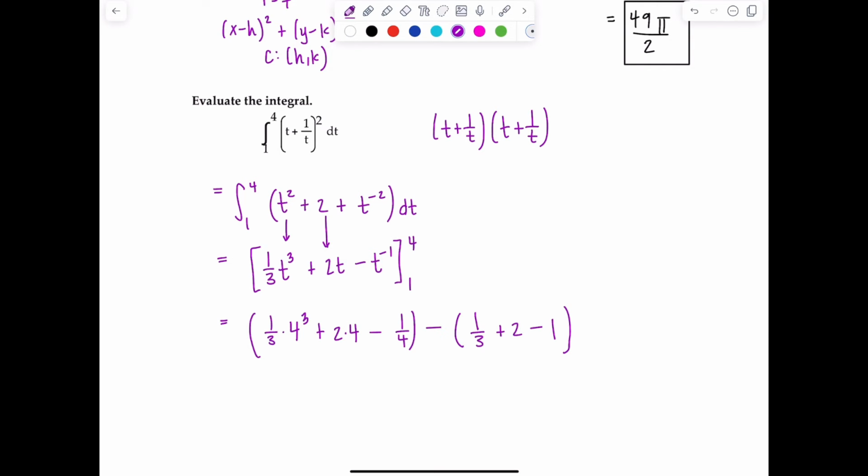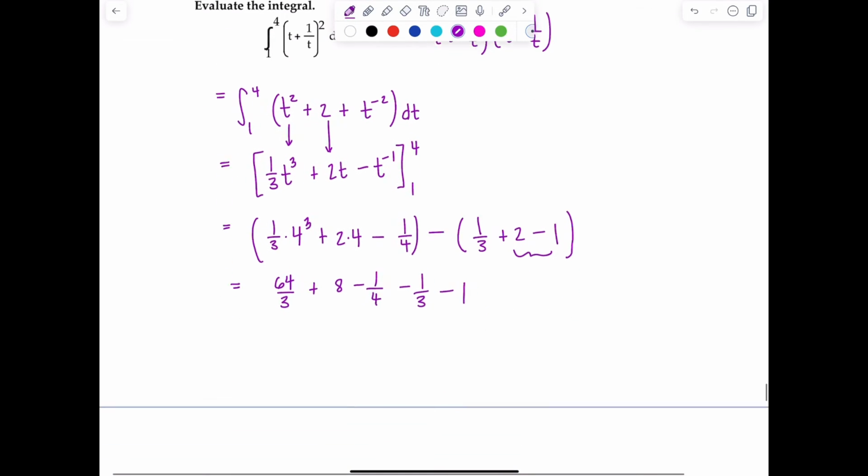Okay, 4 cubed, that's 64. So we've got 64 over 3 plus 8 minus 1/4 minus 1/3. What is this? Positive 1 minus 1.